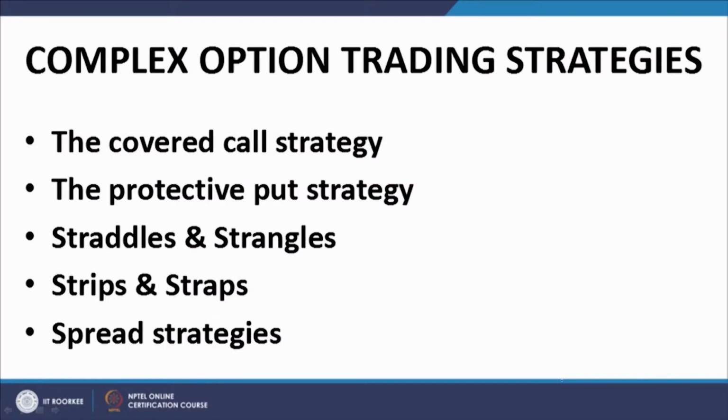Then we moved over to straddles and strangles. In the case of straddles, we have a long position in a call option and a long position in a put option, both on the same underlying, same maturity, same exercise price, and of course, both the options are European.